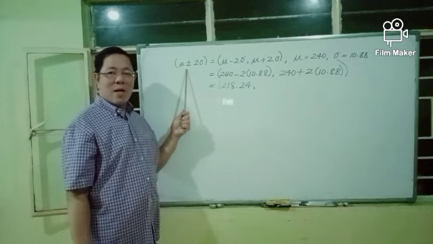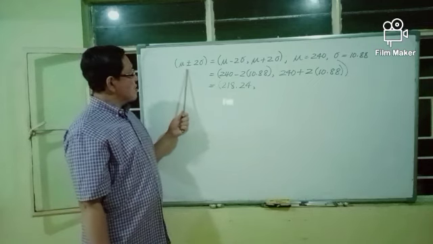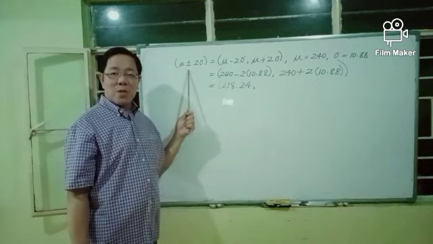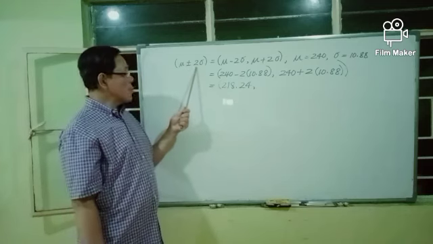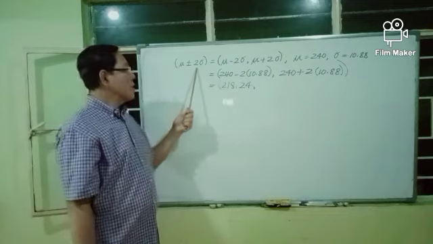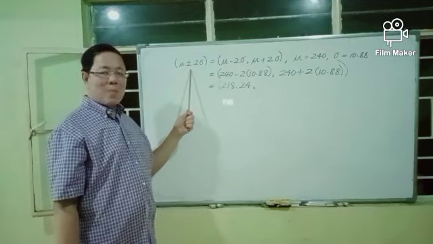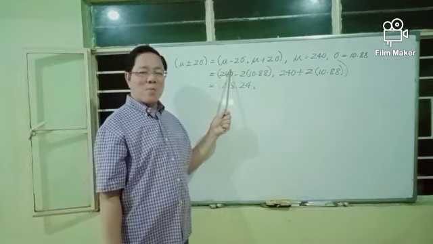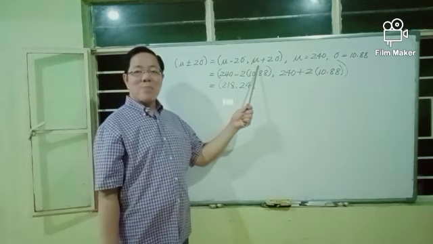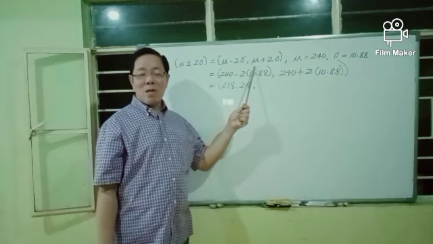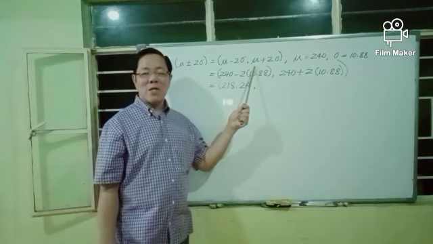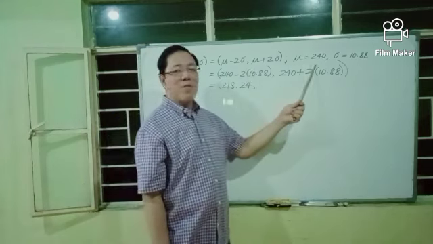The lower limit of this interval is mu minus 2 sigma, and the upper limit is mu plus 2 sigma, where mu is the mean of the binomial random variable, which we have computed earlier, equal to 240.